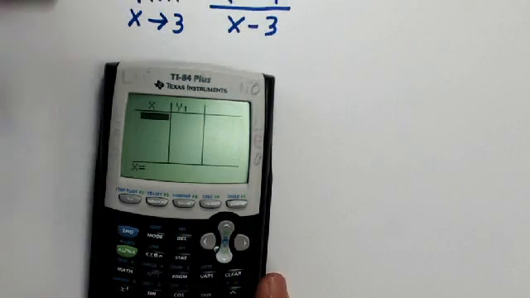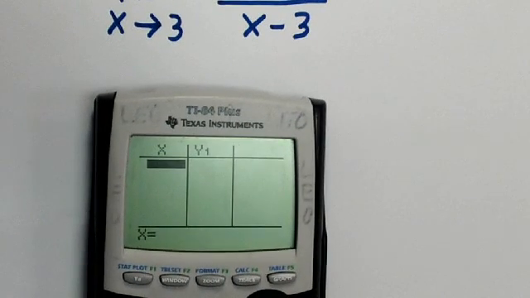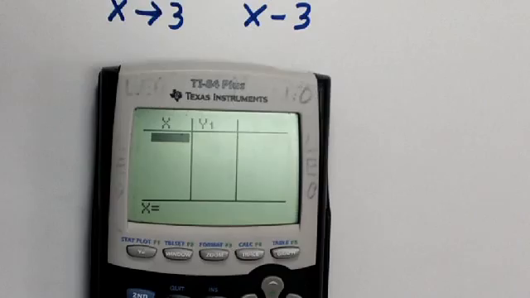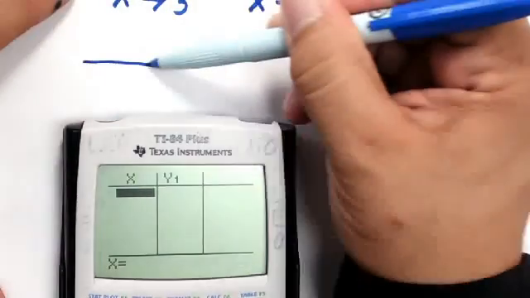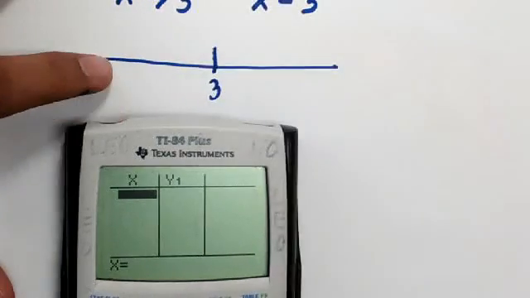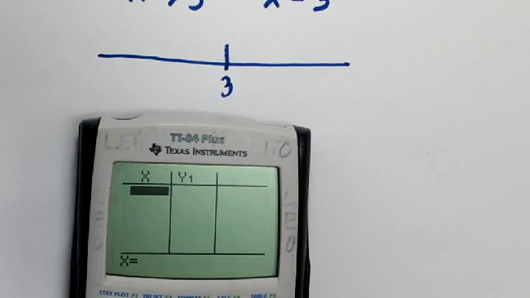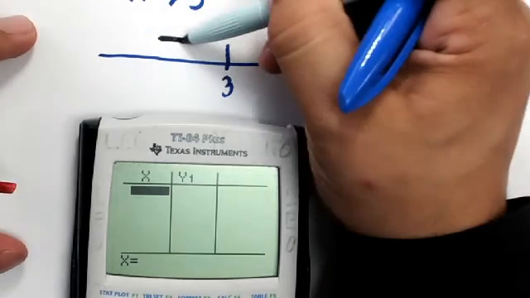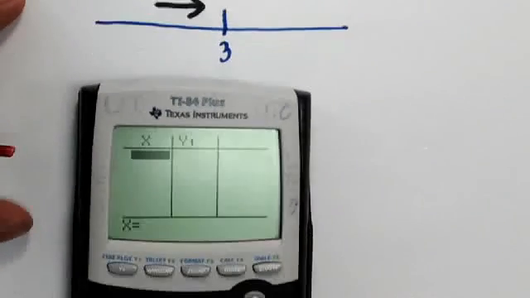Now, I always encourage you when you're doing this to look at values. In this case, we're looking at values around 3. So let's check values in this instance from the left side of 3.